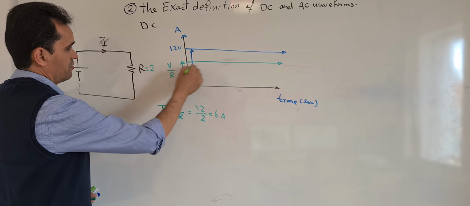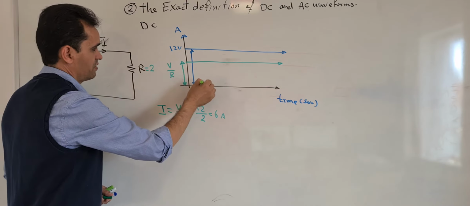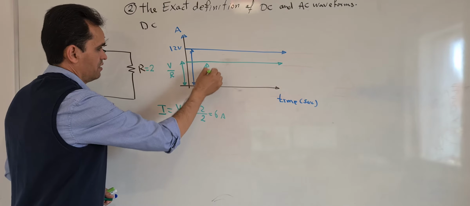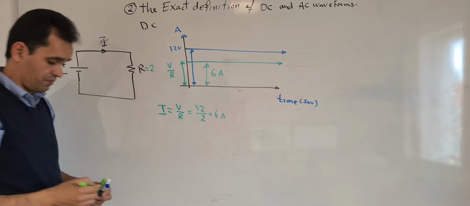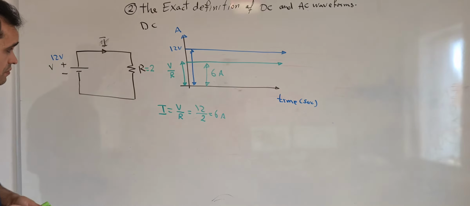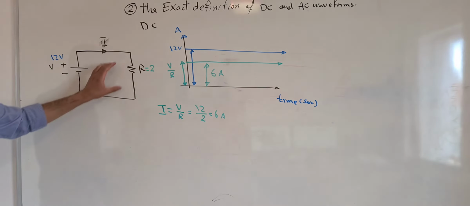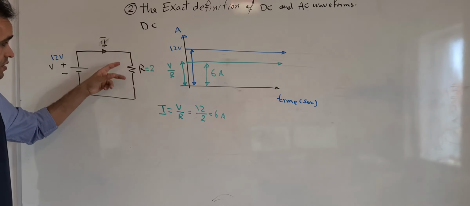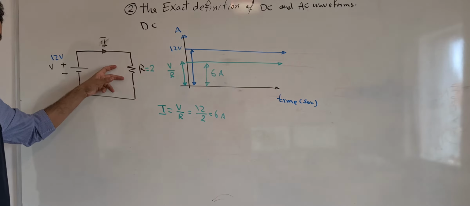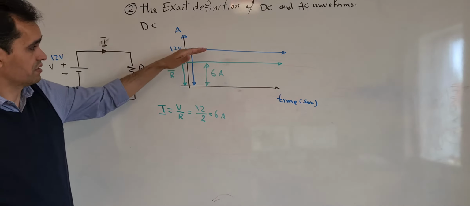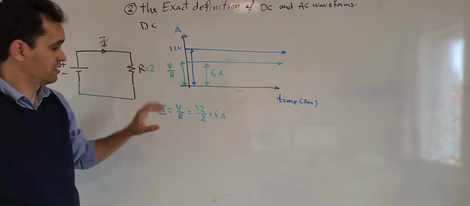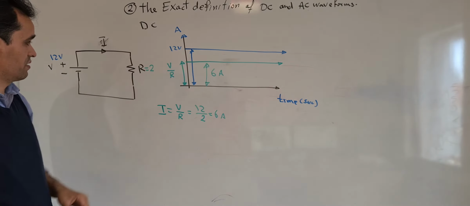So that's it. Now it's 6 ampere. So the distance from here to here is 6 ampere. Okay. So now if we look at the load here, we will find it's a resistor.